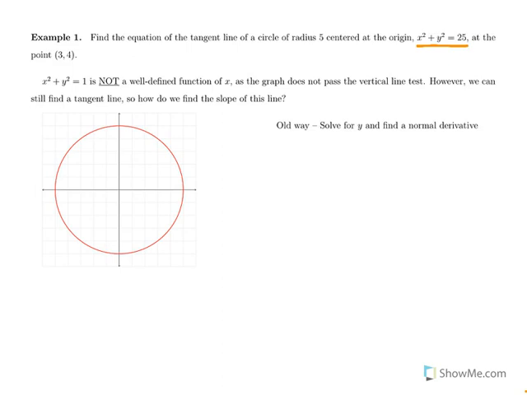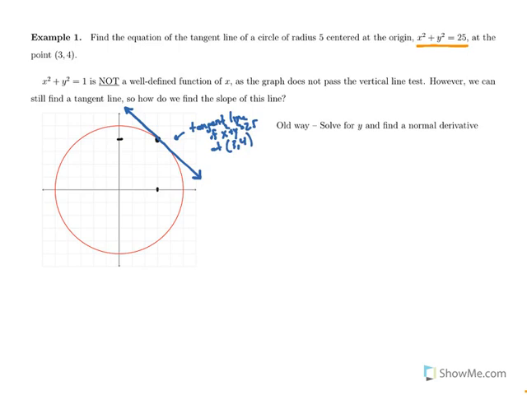So 3, 4, we have this point right here on the circle, and the tangent line is going to be the line that hits that circle at one point and then goes off in different directions. So there is the tangent line that we need to find. This is the tangent line of x squared plus y squared equals 25 at the point 3, 4.